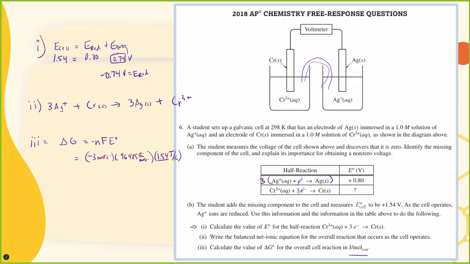I'm going to base it off of this one, 3 significant digits. So 4, negative, of course, 6, and then 1, 2, 3. That's joules per mole reaction. That one wasn't too bad.